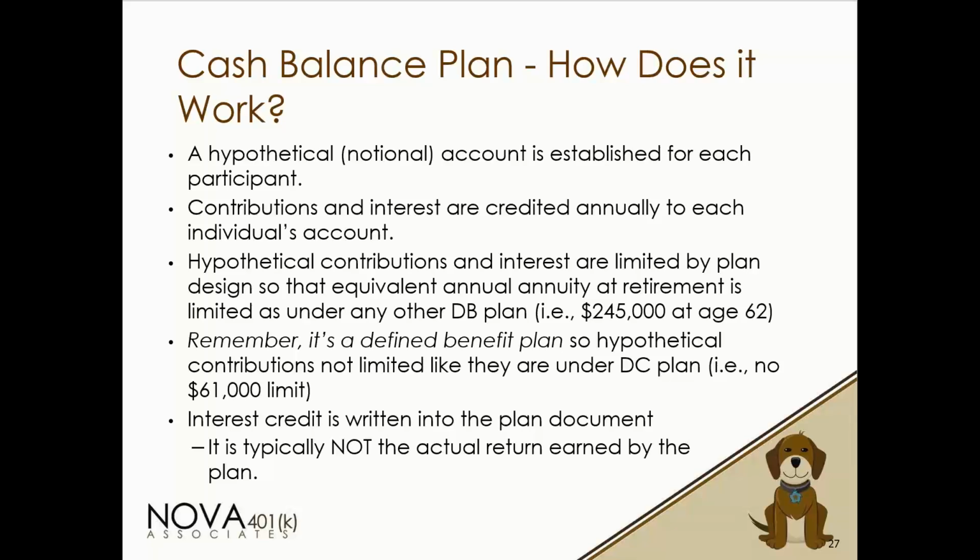Because it's a DB plan, we don't have the contribution limit each year for the individuals, and we'll see how that translates to real dollars in a sample coming up.